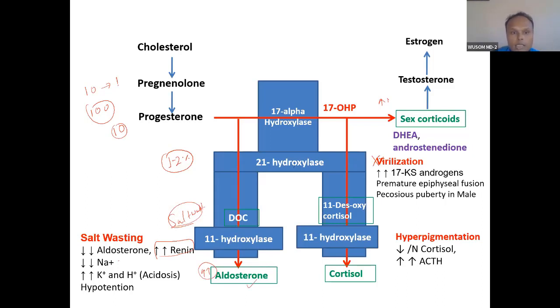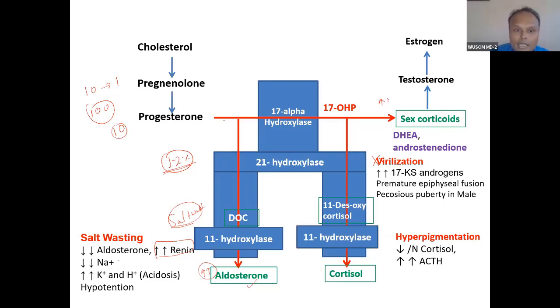Whenever there is 1 to 2% activity, there will be normal aldosterone level because of hyperplasia, and cortisol will also be almost normal. So the patient will live a fairly normal life. But because there is obstruction here, the pathway diverts and there will be more sex corticoid. You cannot prevent virilization.